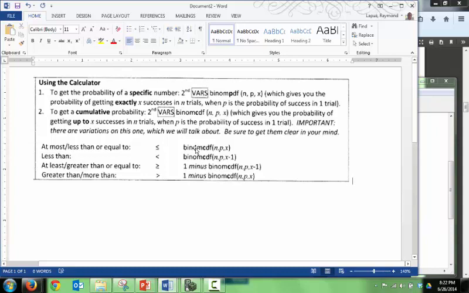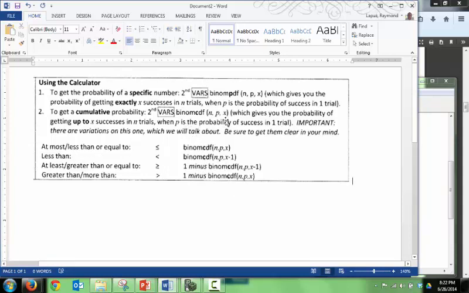So I think if you're able to just follow through some of these things, and when you look through the review sheet and look at the solutions for the review sheet, and then maybe even look at the video solutions for the review sheet, there's one set of problems that deal with the binomial distribution, and then it shows the calculator commands for these things.